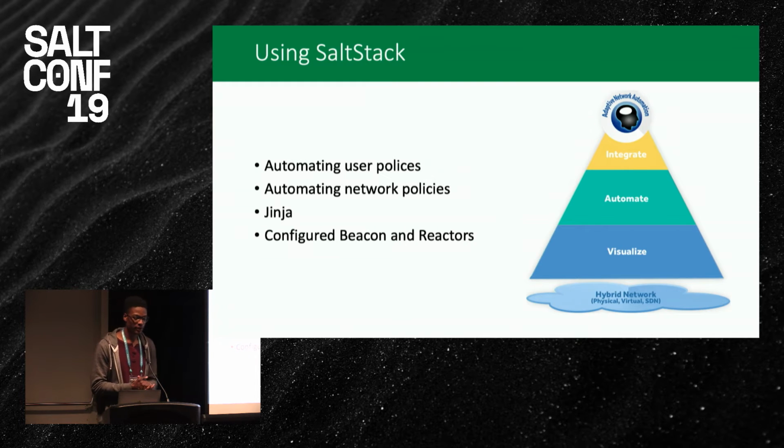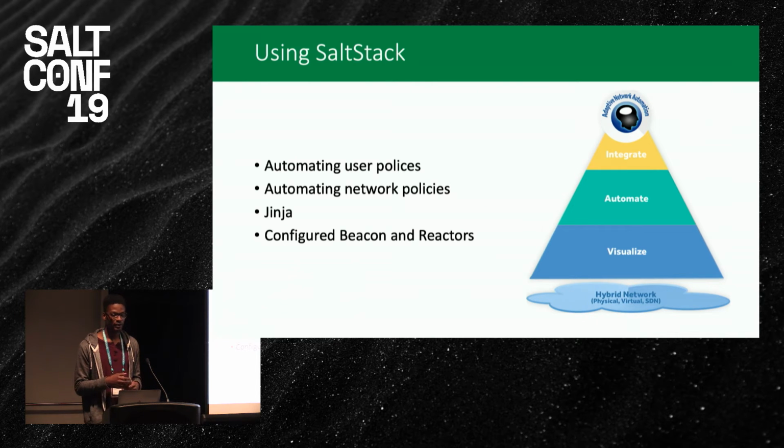And so using SaltStack in my prototype, I'm able to automate user policies, network policies, and then utilize Ninja. Right now, I currently have a lot of nested for loops for the logic for handling the beacons. I'm still trying to find a better way.